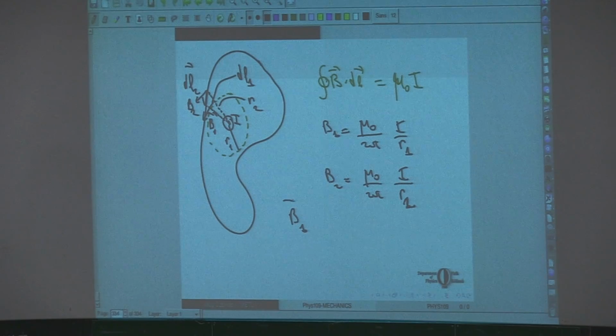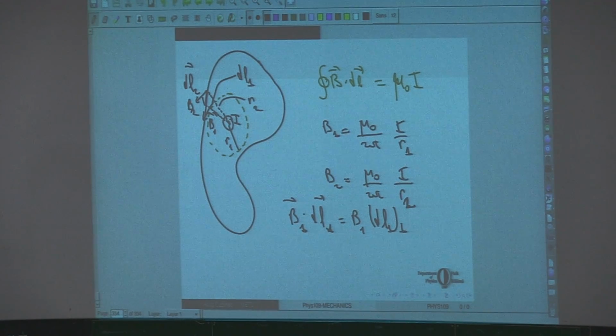Now, B1 dot dl1 is equal to B1 times dl1 perpendicular. Just imagine this is where the current is. This is the distance, R1. This is the direction of dl1. My B1 is in this direction.